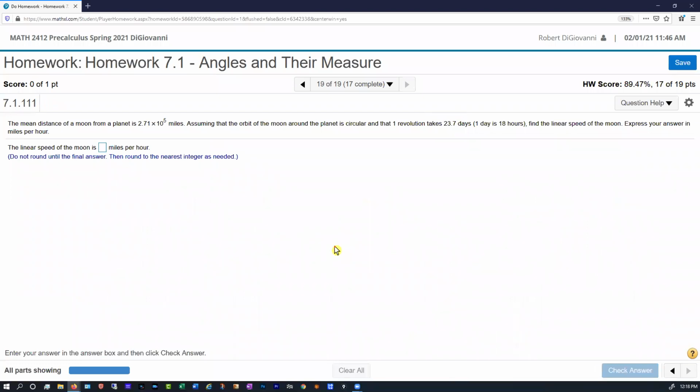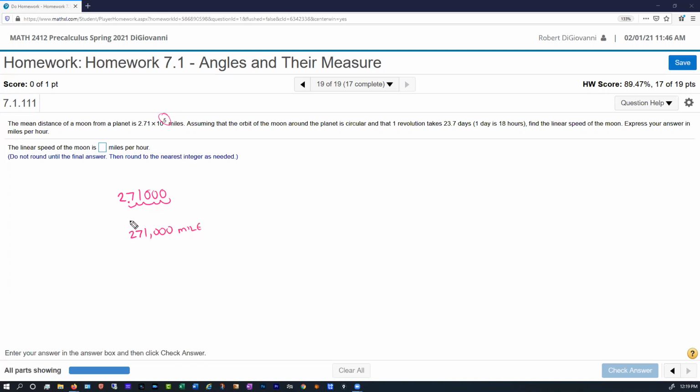Next one. Okay. The mean distance of a moon from a planet is this distance, right? So that's really 2.71, but we moved the decimal point 5 places to the right. So 1, 2, 3, 4, 5. Put zeros there. So this is really 271,000 miles.